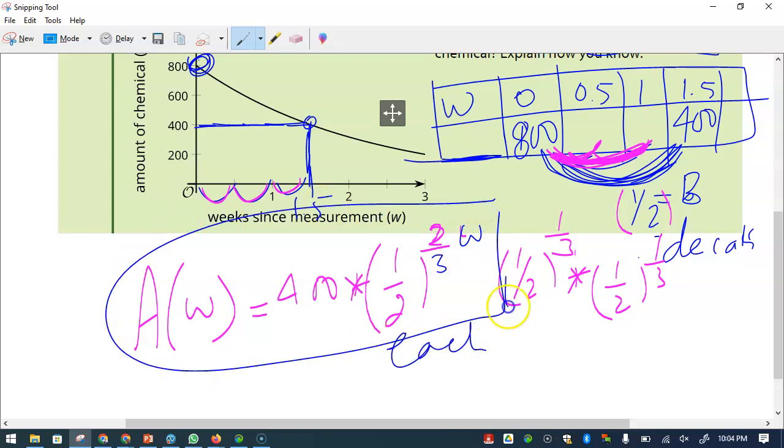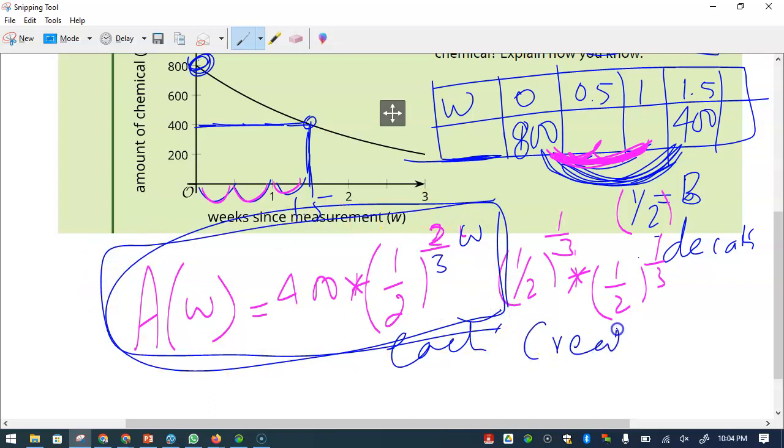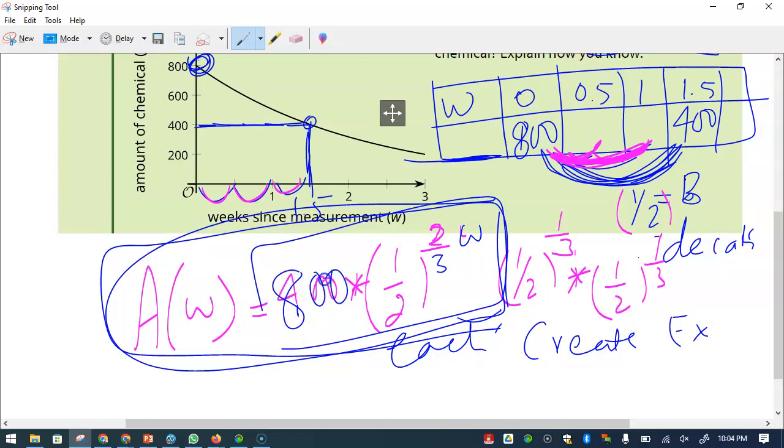Even though they did not ask us a question, if they had asked for every week, create an exponential function, and this is how you do it, because 800 was what you had, and the half-life is every 1.5 weeks. From here to here there are 3 halves: 1, 2, and 3.